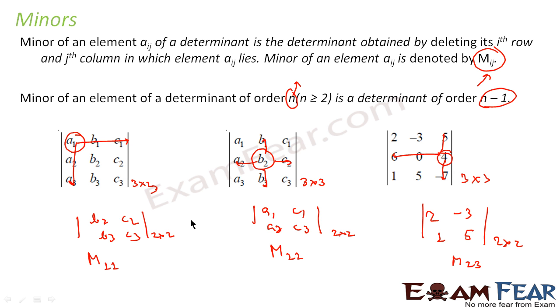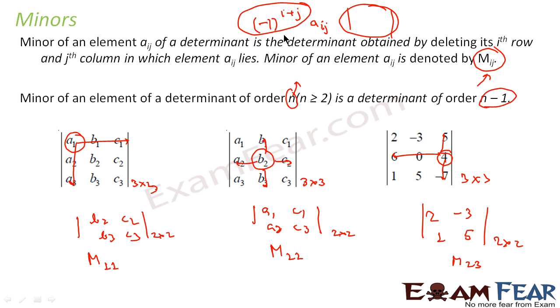If you remember, in the formula we have minus 1 to the power i plus j, into aij, into this determinant. Now if you see, this sign part is missing in the minor, because we are concerned only about the determinant we get by removing the ith row and jth column. This part is not considered.